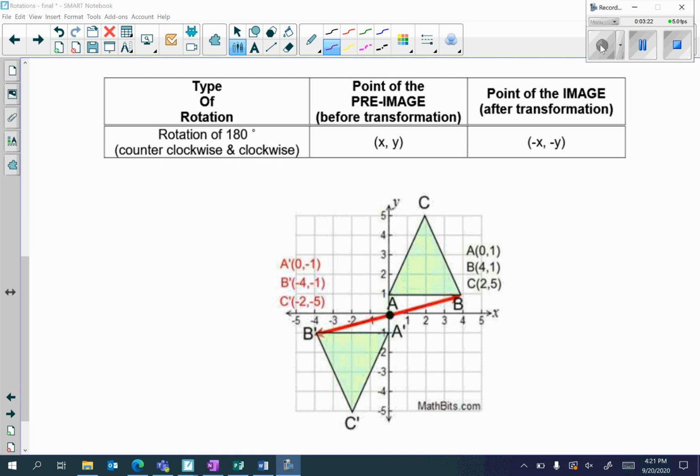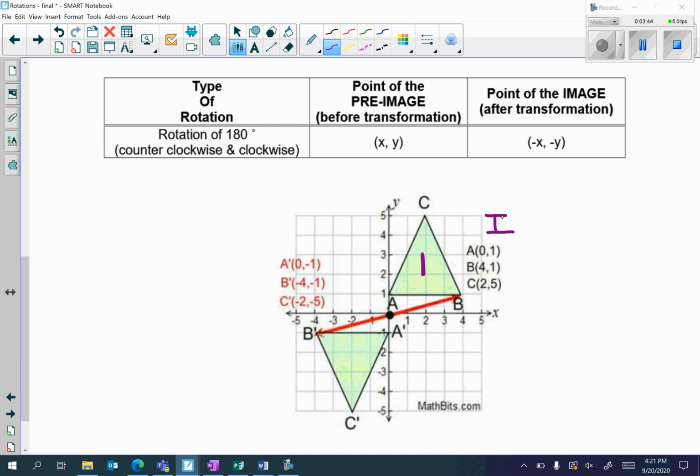Next, we have a rotation of 180 degrees, and that's represented the same way, both clockwise and counterclockwise. For example, my pre-image, which is before the transformation, is represented in triangle ABC. I'm going to put a 1 because that's where I start. That's in quadrant 1.